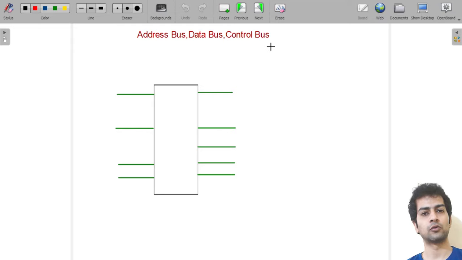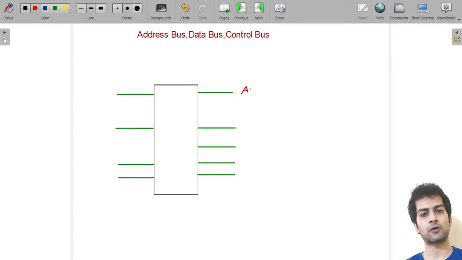Then we will also look into status signals. And then in the later part, we will see how multiplexing is done in a microprocessor, and how the same bus which acts as an address bus also acts as a data bus. We will discuss all this concept in detail, and it will be very interesting. You will really enjoy it.